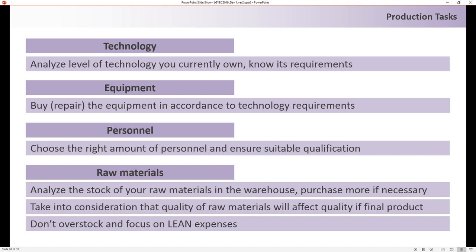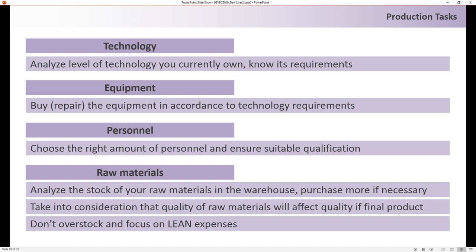It is definitely recommended to not overdo it and not overstock various goods, specifically raw materials, because A, it costs additional money, B, you will not necessarily be fast enough to change your huge amount if, let's say, you decide to increase the quality of production you want to achieve.